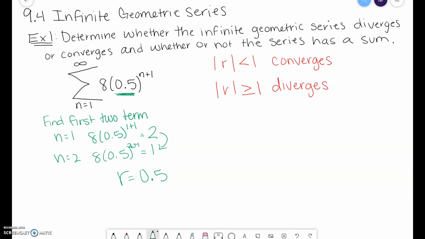So when we take the absolute value of that, we still get 0.5. So that's less than 1. So since this is less than 1, it is going to converge, which means it also has a sum. So if it converges, it has a sum. Diverges, it doesn't have a sum. So it converges and has a sum.